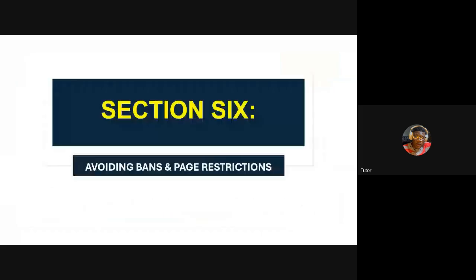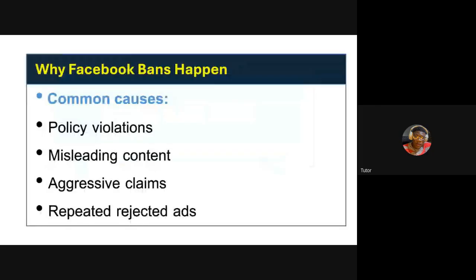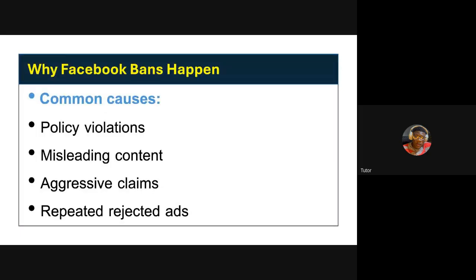Now, section 6, avoiding bans and page restriction. You know, there are some things that if you do them, Facebook might ban your ad account. Okay, and I'll be showing you guys a safe way to do it to avoid the bans and page restrictions. Now, why do Facebook bans happen?